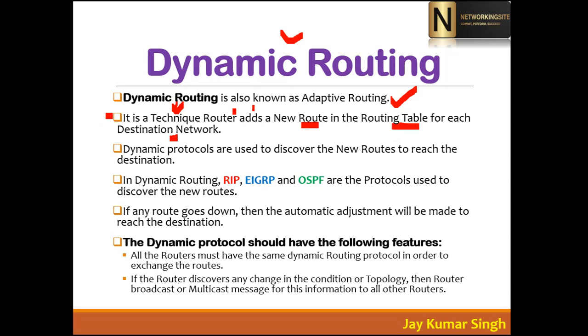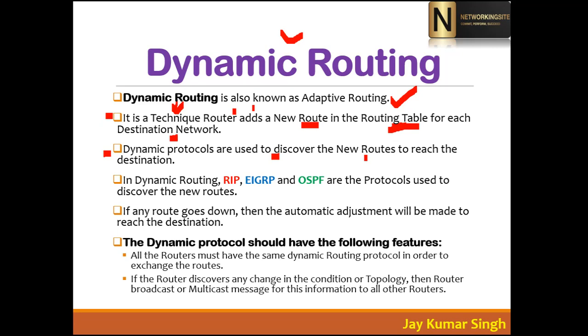Whenever the router wants to reach any specific destination, the path is already entered in the routing table, and it follows the path according to the routing table. So dynamic routing protocols are used to discover the new routes.